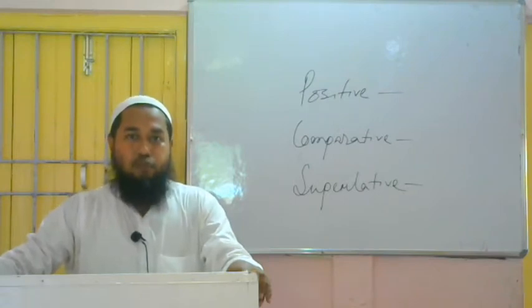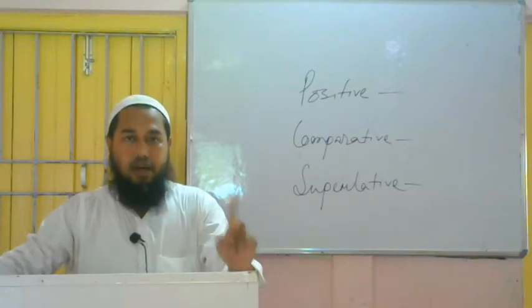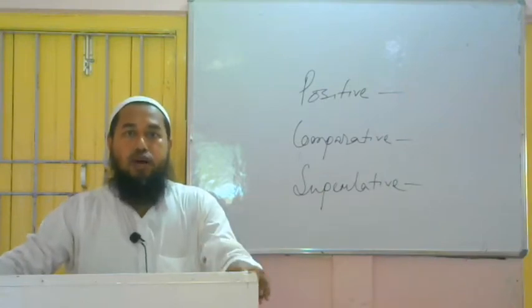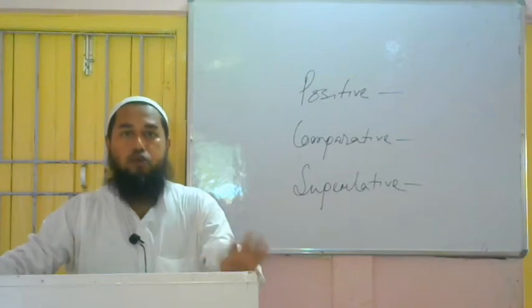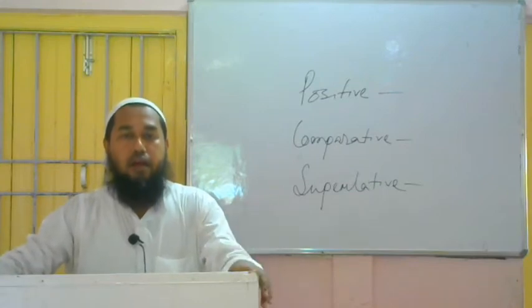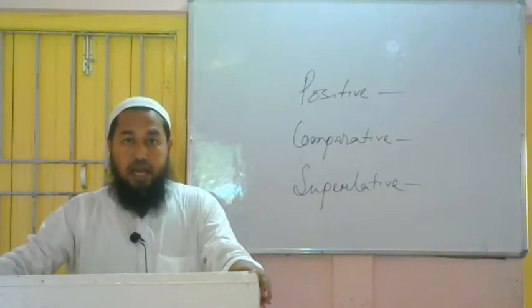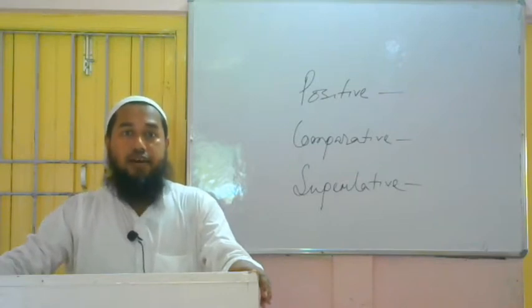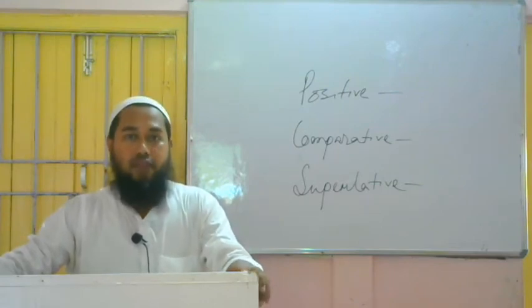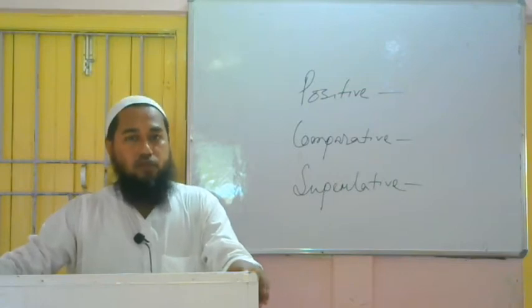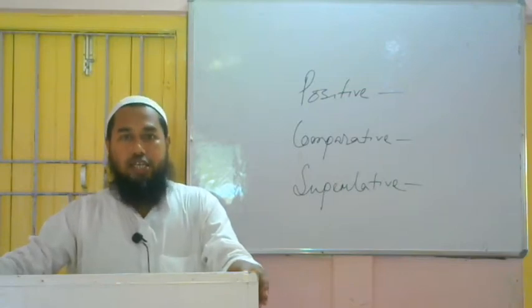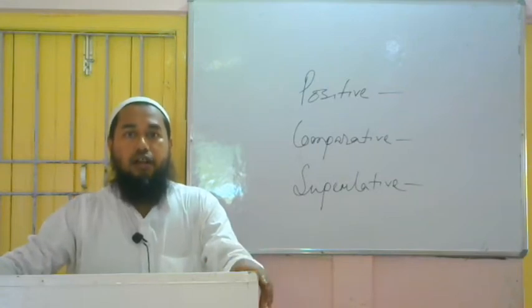So I hope it is clear that positive degree doesn't have any comparison, it is alone. Comparative degree has comparison between two things, two groups, or two persons. Superlative means where comparison is among all. Now to identify a sentence as positive, we will get the positive form of the adjective, like tall, short, good, beautiful.